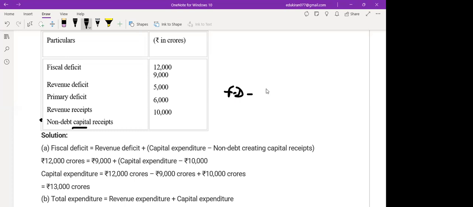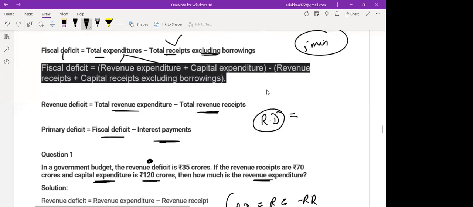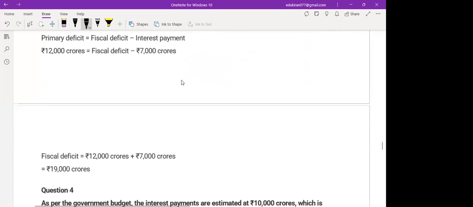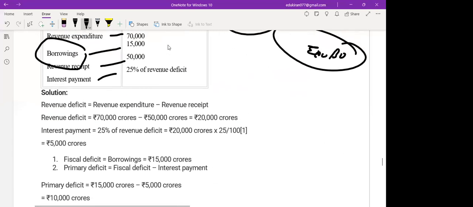By which formula are you doing this fiscal deficit part? See, fiscal deficit is revenue expenditure plus capital expenditure minus revenue receipt and capital receipt excluding borrowing, right? Yes or no? Yes, ma'am. So revenue expenditure is given, but others are not given.